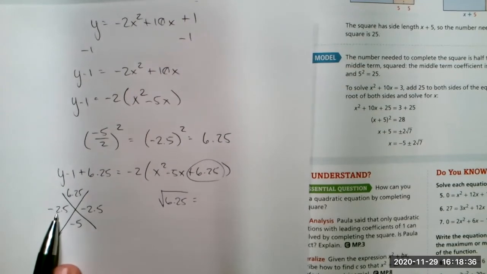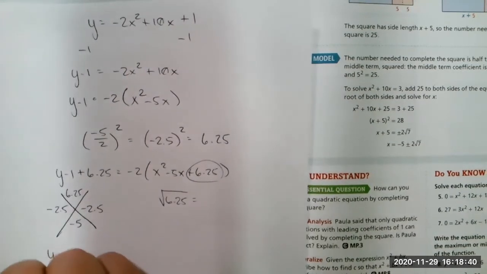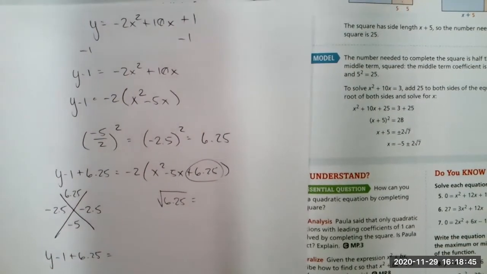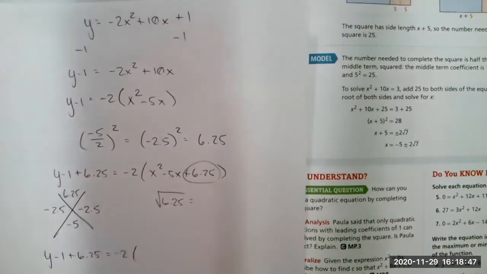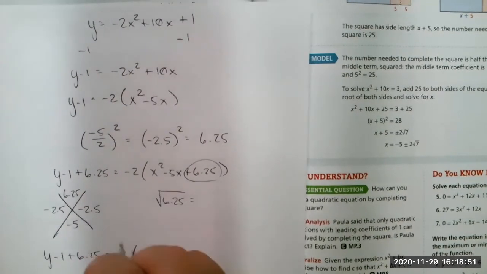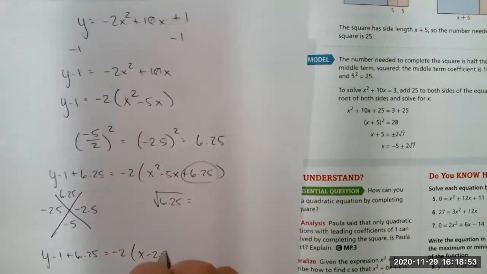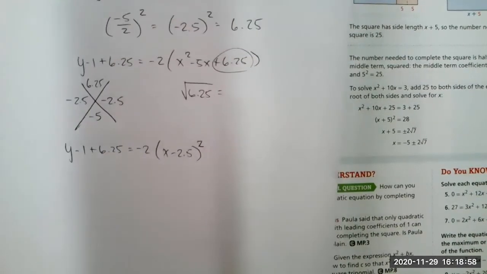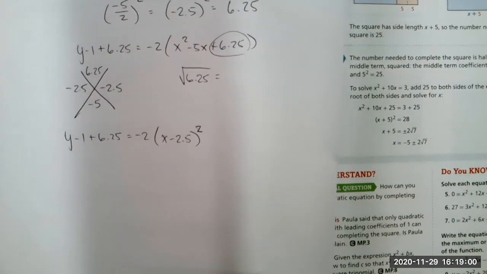So negative 2.5, again, they both have to be the same thing because you're completing the perfect square. So let me go ahead and write out what we have, plus 6.25. And then on the right, I've got the negative 2 still on the outside. But if those two numbers are negative 2.5, it's going to be x minus 2.5 squared. I can clean this up a little bit.